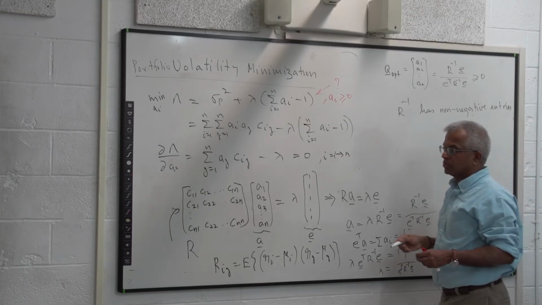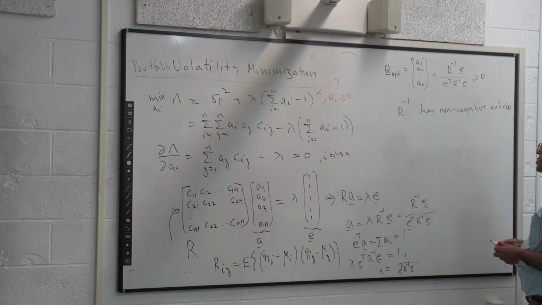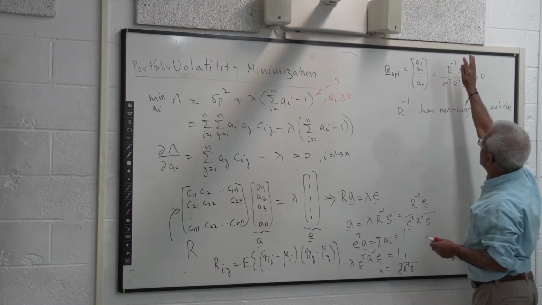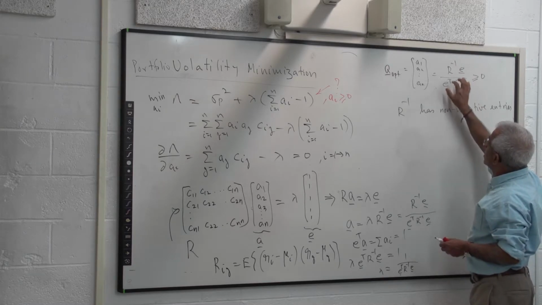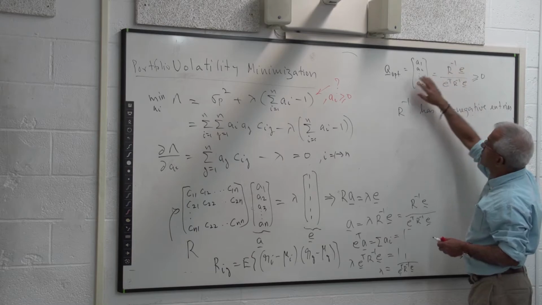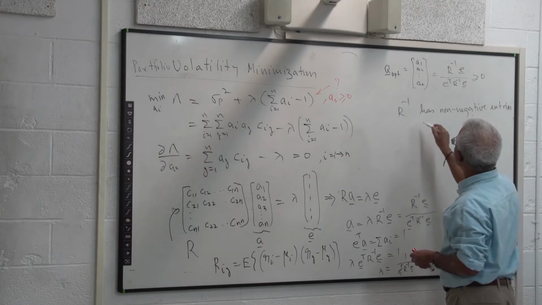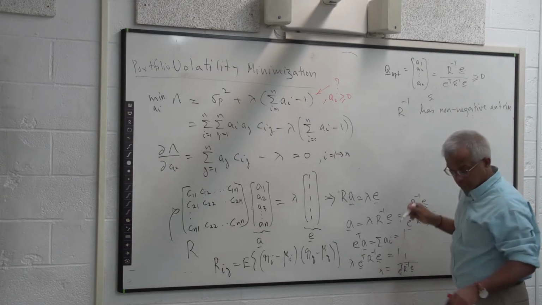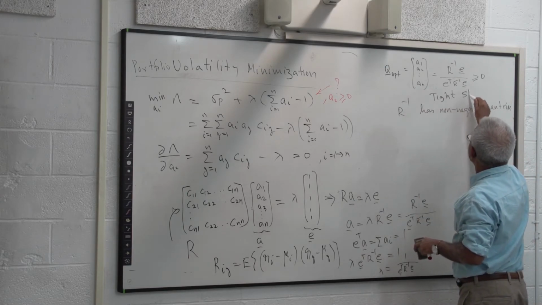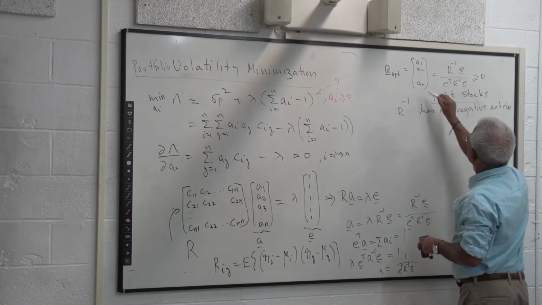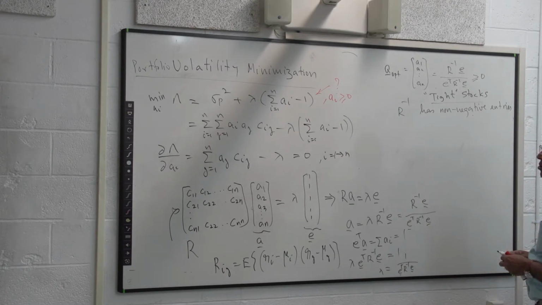Remember, you start with R, so those covariances could be positive and negative, and then you want to select stocks such that R inverse has non-negative entries, because the unit vector is all 1s. You could call them tight stocks. Tight stocks are such that the inverse of their covariance matrix has non-negative entries.